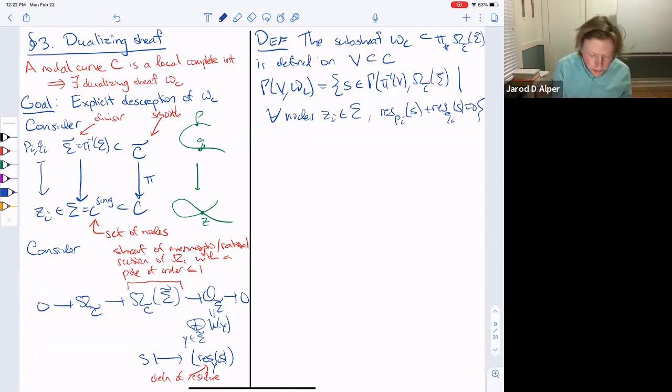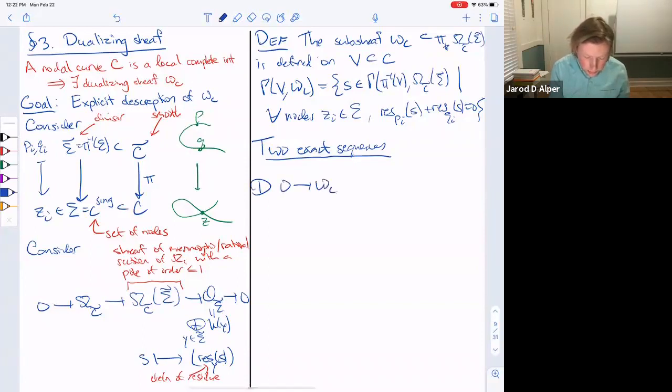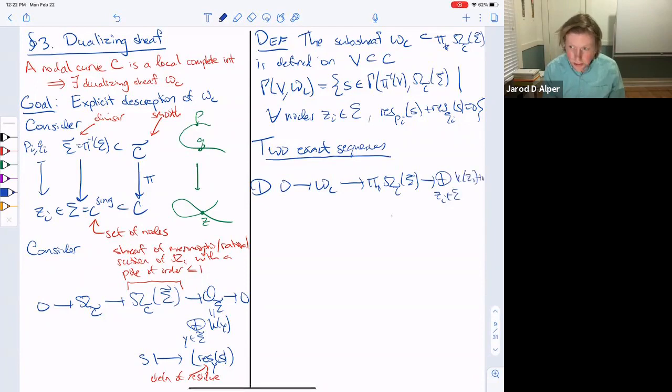And the definition implies that there are two exact sequences that are quite useful when computing. The first is essentially the definition: we have omega C sitting inside the push forward of this, where this map takes a section S to the differences of the residues.